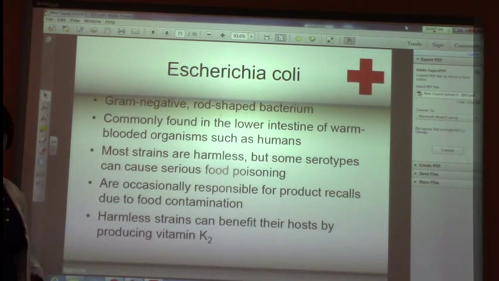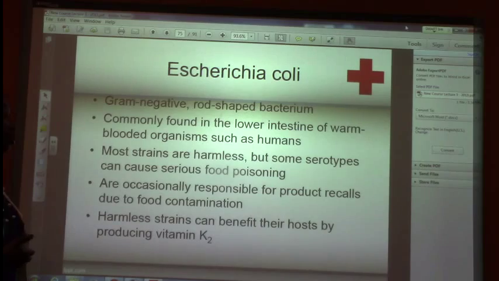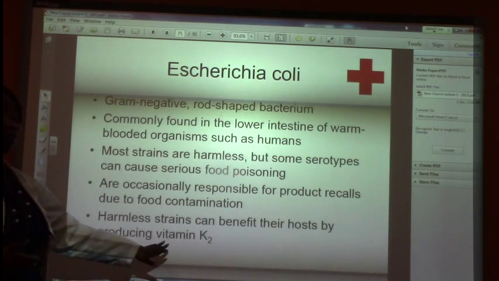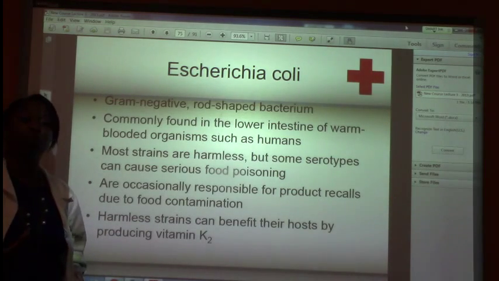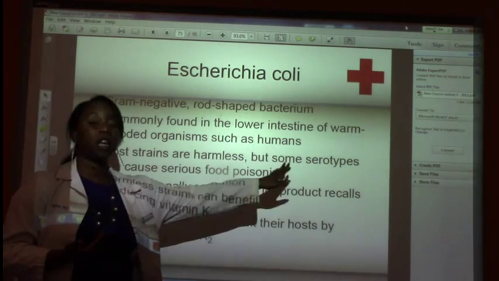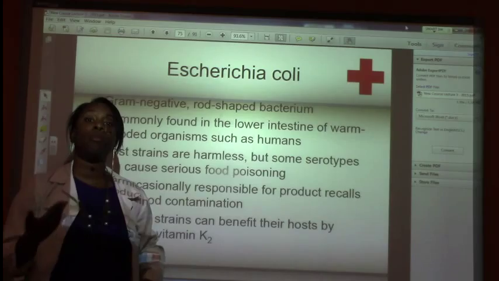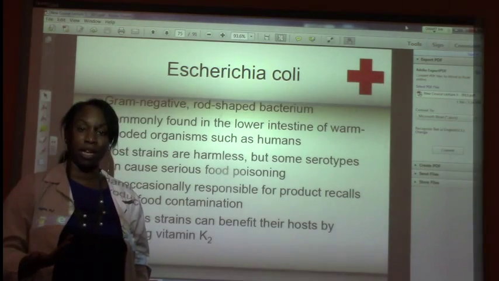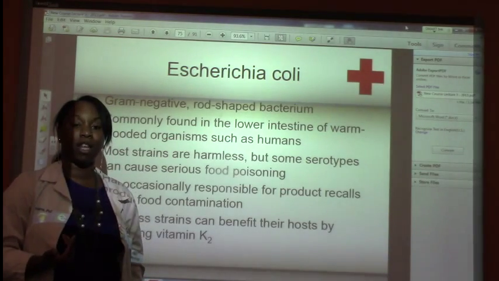Harmless strains, so those that are considered to be a part of our normal flora, actually benefit us. So they're actually mutualistic bacteria in that they produce vitamin K, which is essential to proper digestion. Now, when we get other serotypes or strains that are more harmful and therefore more virulent, that's when we can begin to develop infections.